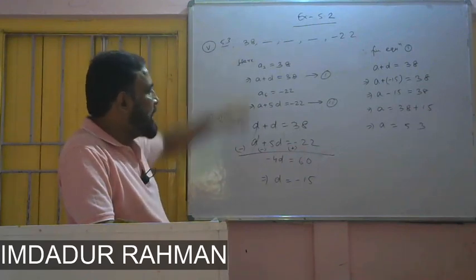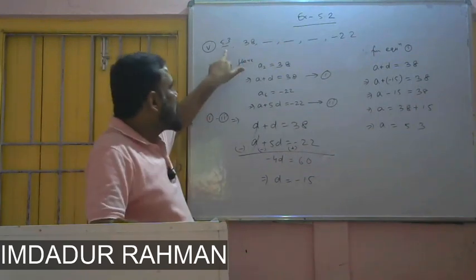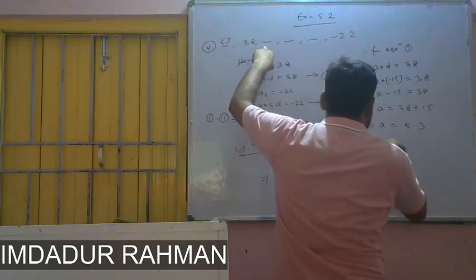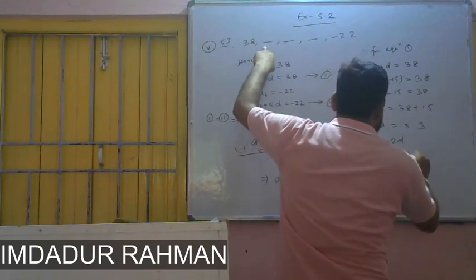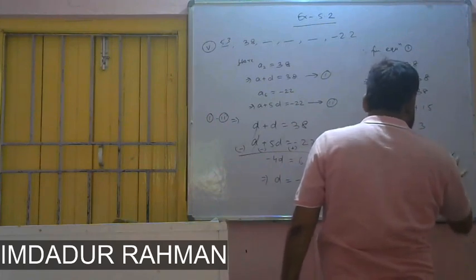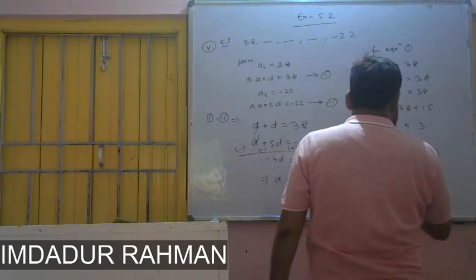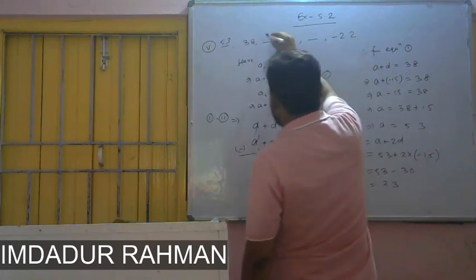Now that A and D are known, we can easily find the rest of the terms. This is the third term. Therefore A3 is equal to A plus 2D, which is 53 plus 2 into minus 15, which is 53 minus 30, which is 23.